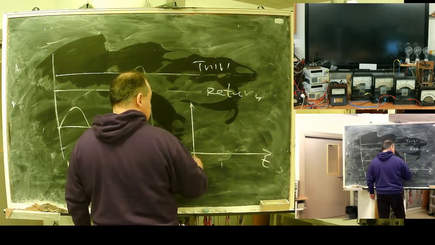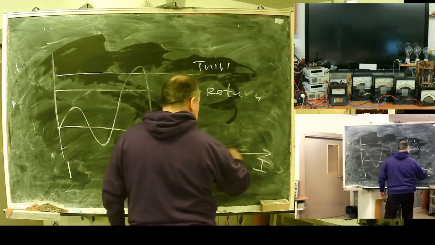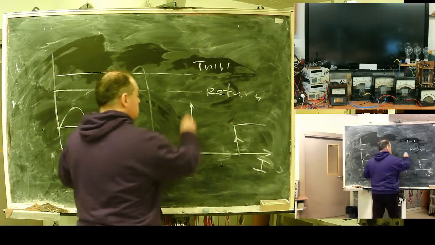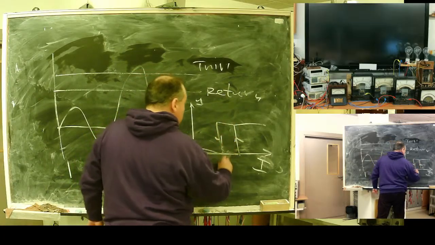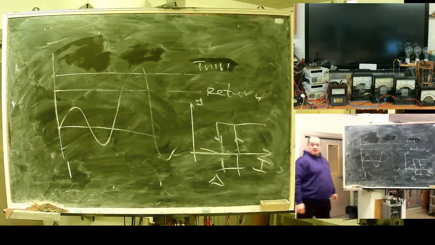Time, effective value of current, forward, this is output, return. This delta is hysteresis.